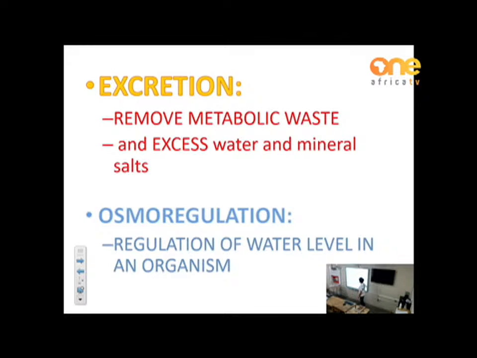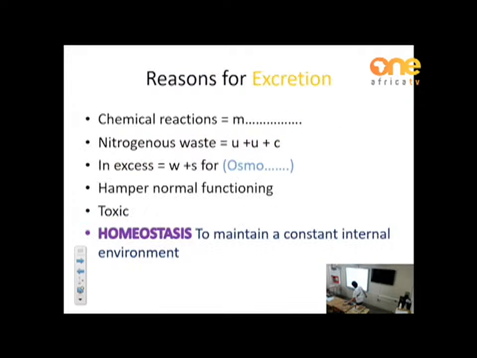If you have to state two functions of the kidney, you can mention two already: excretion and osmoregulation. Did you write down your definition? Now, what are our reasons for excretion? We have chemical reactions in the body, or metabolic reactions.